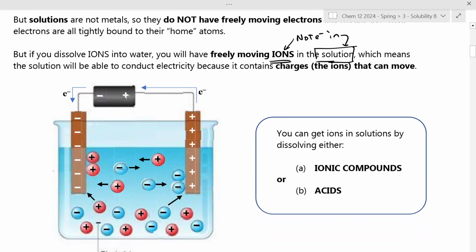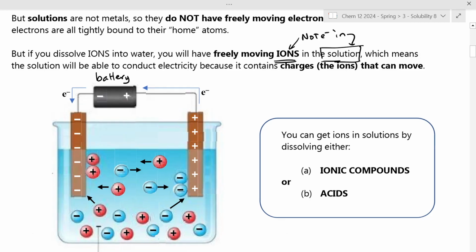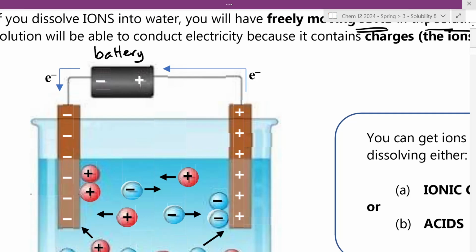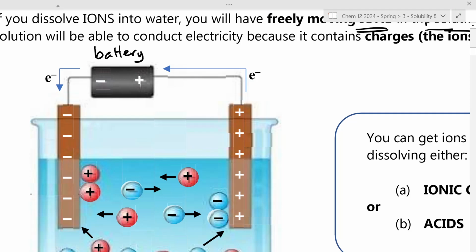So let's take a look at this little picture down here. Can you think what that black thing is? That's a battery. And you'll notice it has a positive terminal and a negative terminal. Do the electrons move towards the positive terminal or the negative terminal?